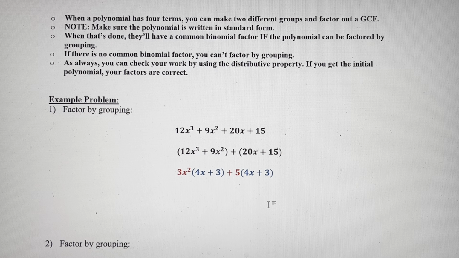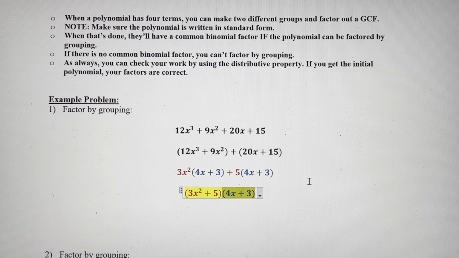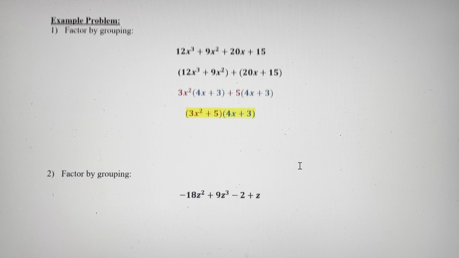That's why I color-coded those in red. I'm going to group those together as one binomial, and then my common binomial factor is going to be the other factor. So that's going to be my answer. I'm not going to work it out here because I want to keep the video short, but if you multiply this by this, you're going to get the 4-term polynomial that we started with. Okay, so that's how you factor by grouping.